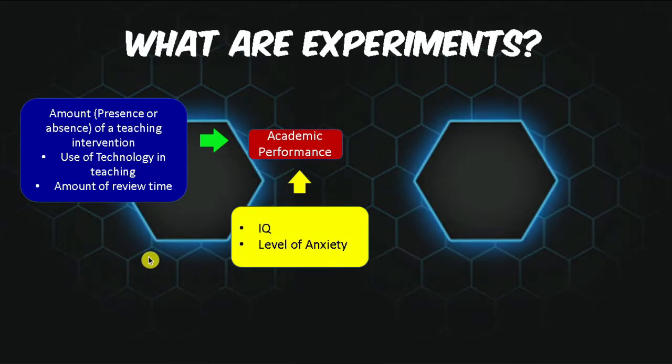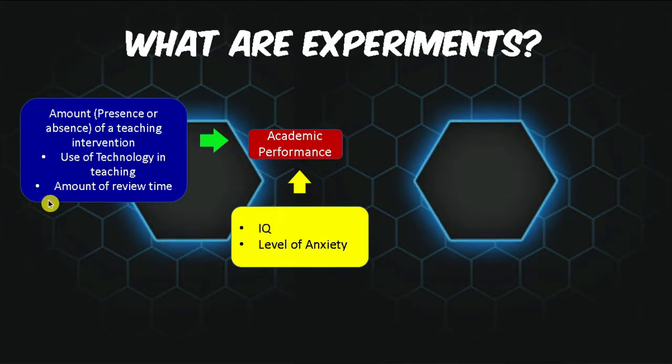Another example of an experiment: I'm going to find out whether there is a causal relationship between the amount of review time that I provide my students before I start the new lesson and their academic performance. So I'm going to vary the amount of review time that I give to my students.